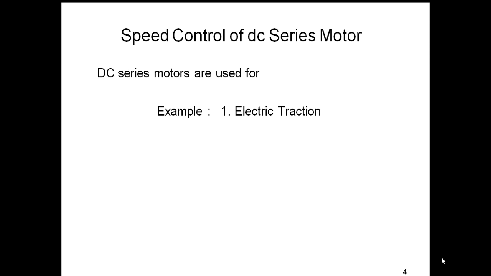Mainly these motors are used in traction because of its high starting torque and easy speed control. And it is also used in cranes and hoists.